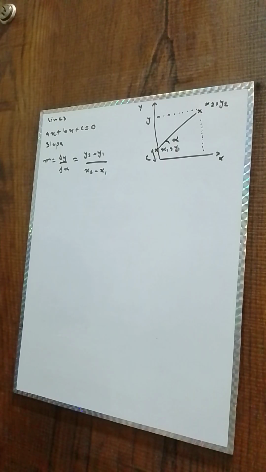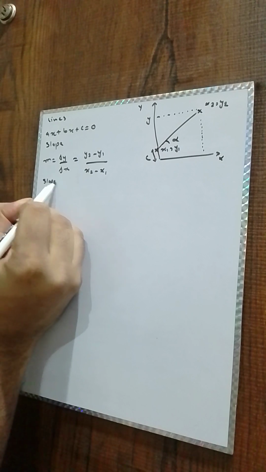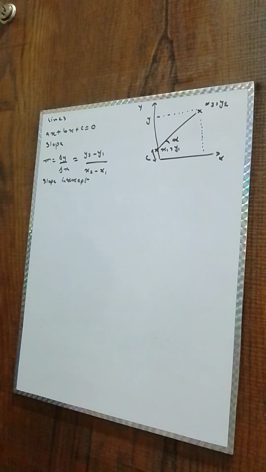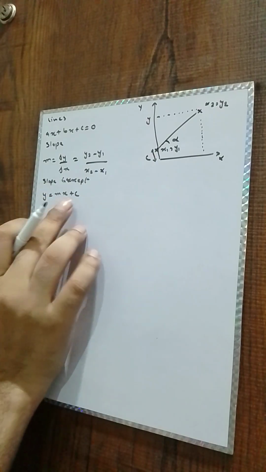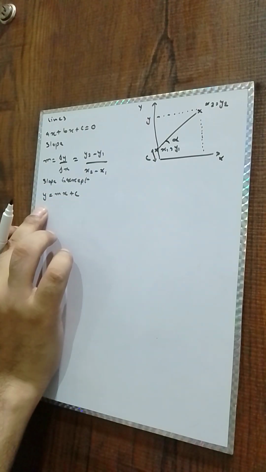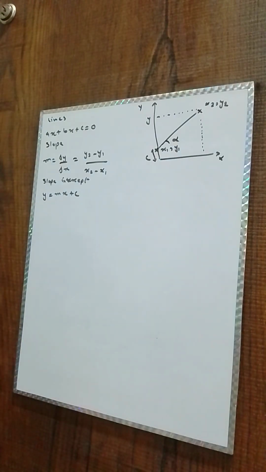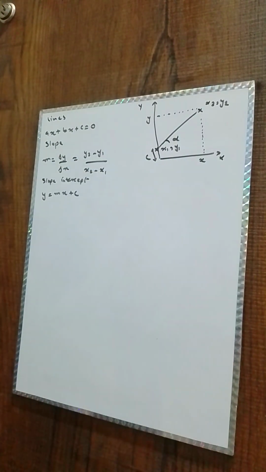There are different forms. For example, the first simple form is the slope intercept form, and this form is y is equal to mx plus c. Y is equal to the product of slope and the x coordinate plus the y intercept.